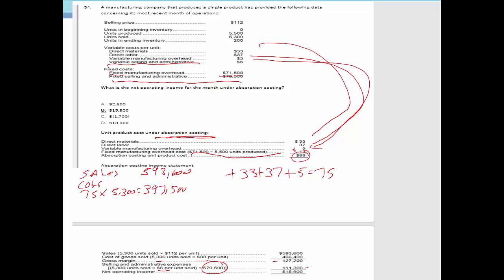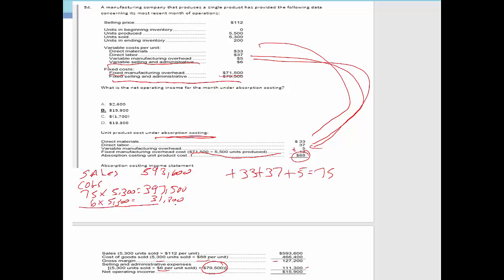Then I'm going to take off my variable portion of my selling and administrative, and they tell me that's $6 times the units sold, which is 5,300, which gives me what? 31,800, you say? Okay, good.